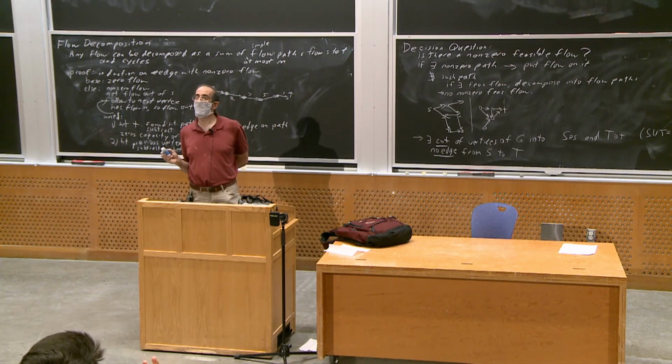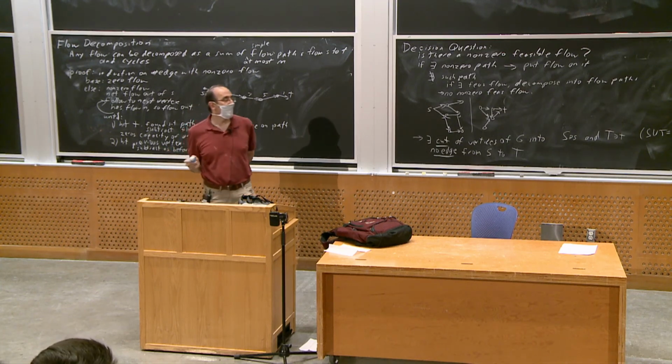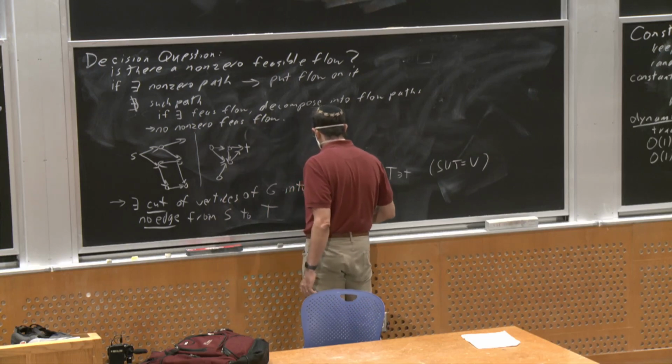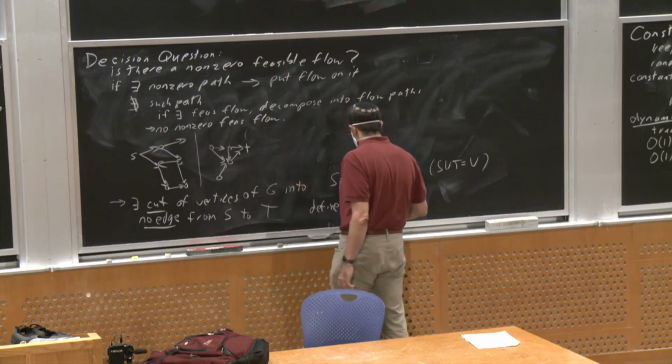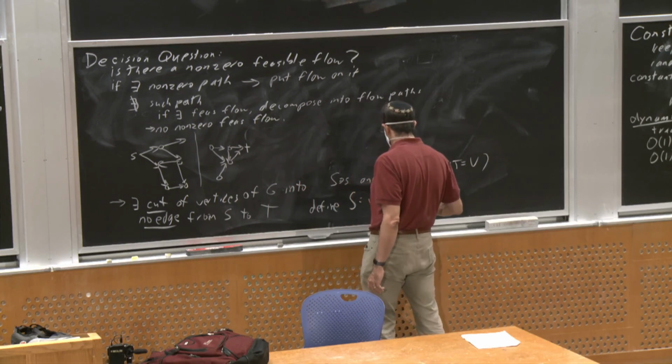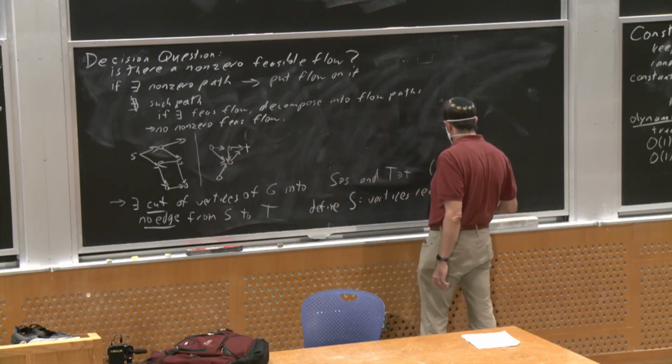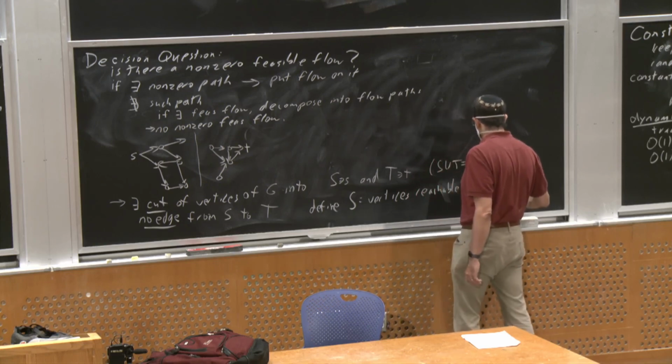Yes. If we do our search from S, we'll hit some subset of vertices and let that be your first set. Exactly. You just define capital S to be equal to the set of vertices reachable from the source.